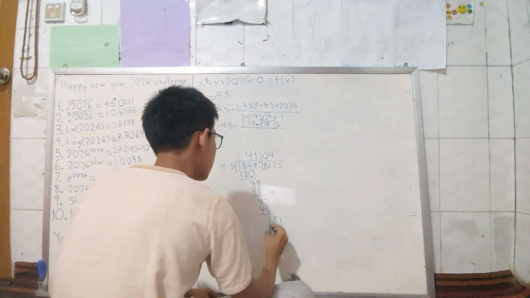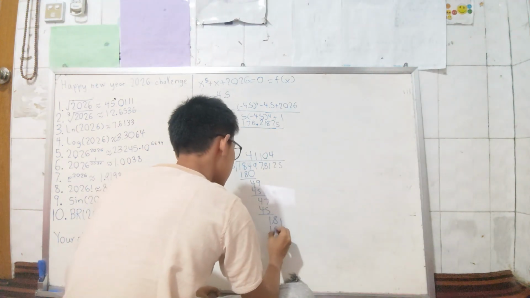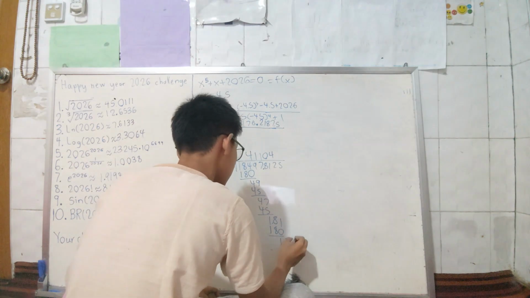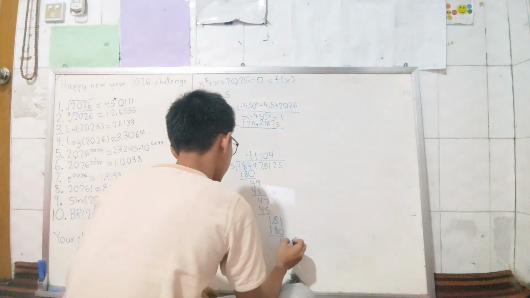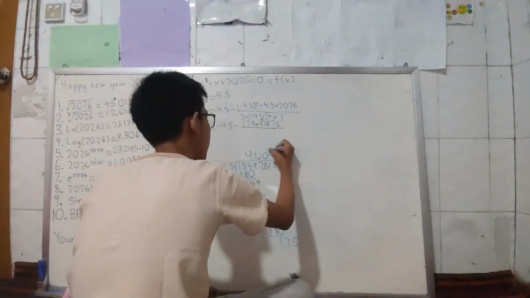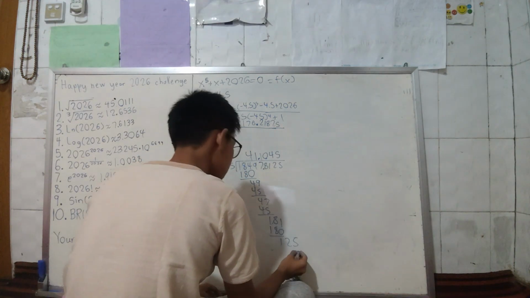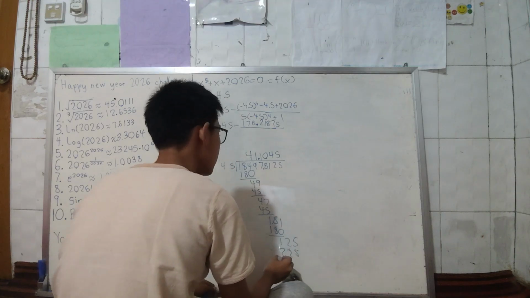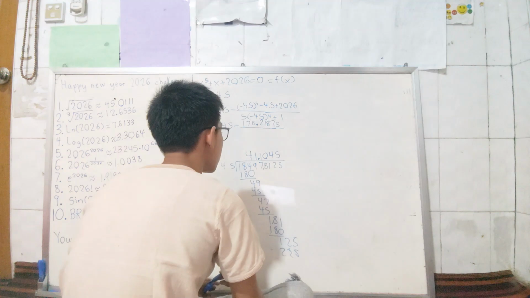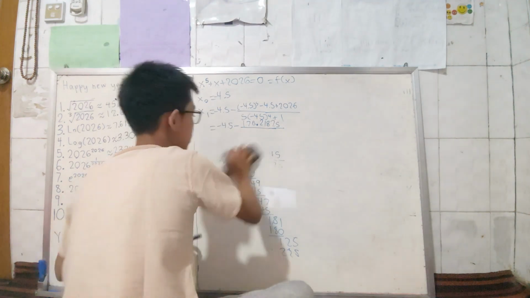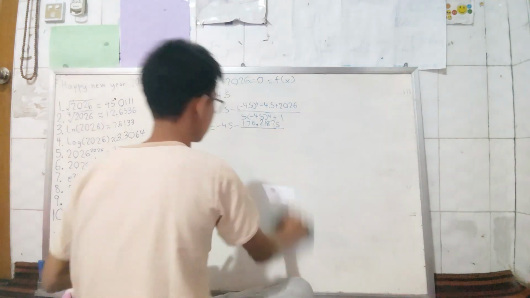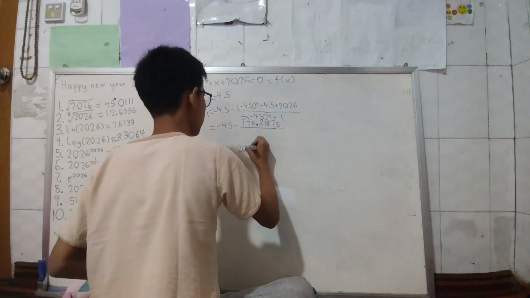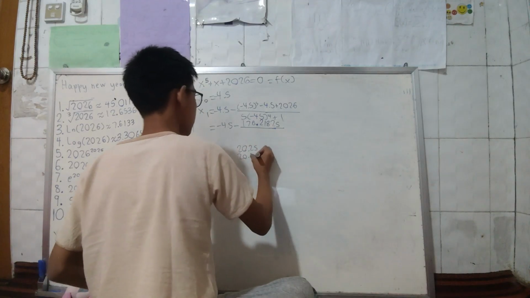4 times 4 is 16. That's going to be 180. 4 times 5. 25. 225. Let's just say, wait a minute, that won't do anything, so let's just approximate with 2025.